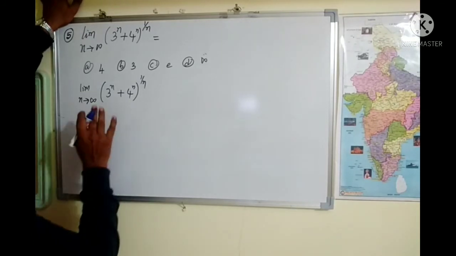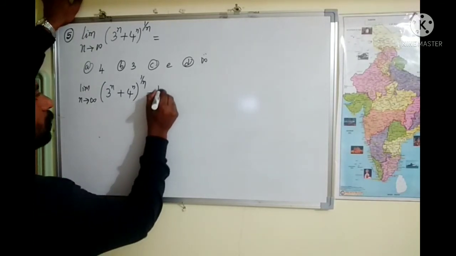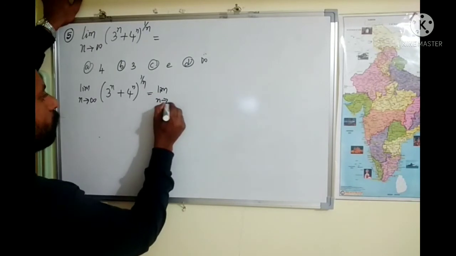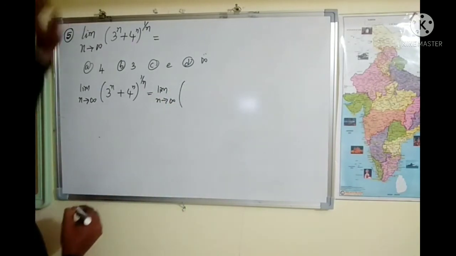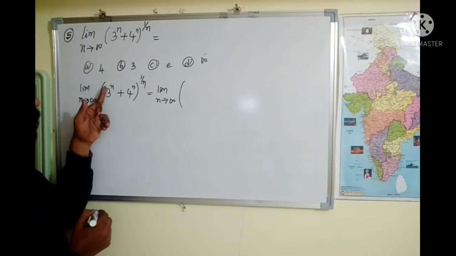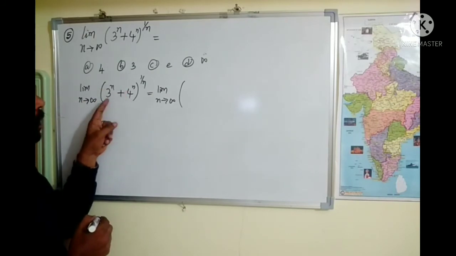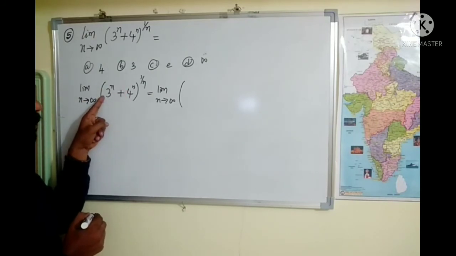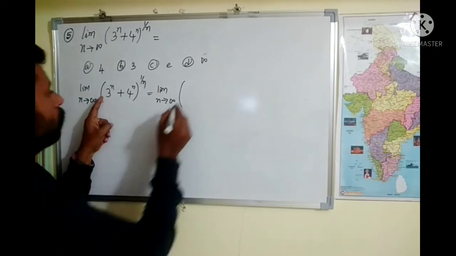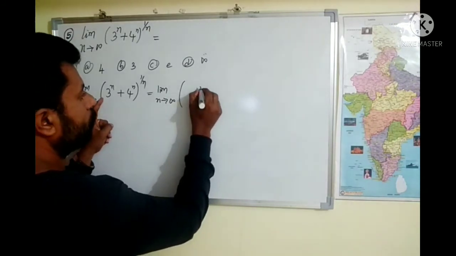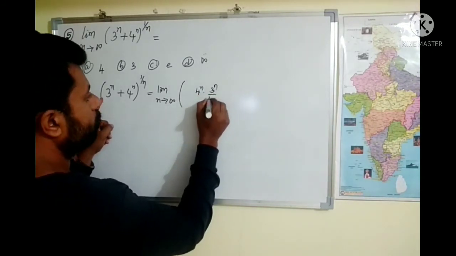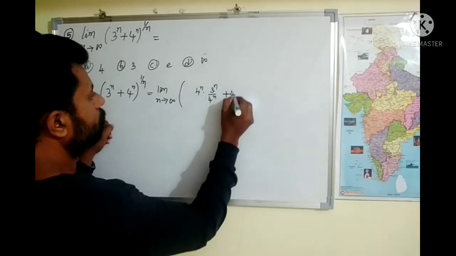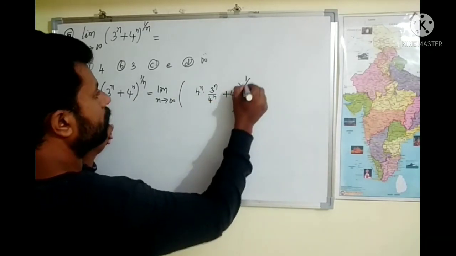That's why this result can be written as the limit n tends to infinity. In the first term here we have 3 to the power n, the second term is 4 to the power n. In the first term we multiply and divide by 4 to the power n: 4 to the power n, (3 to the power n divided by 4 to the power n plus 1) whole to the power 1 by n.